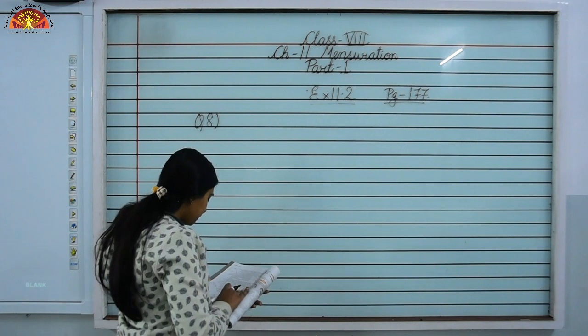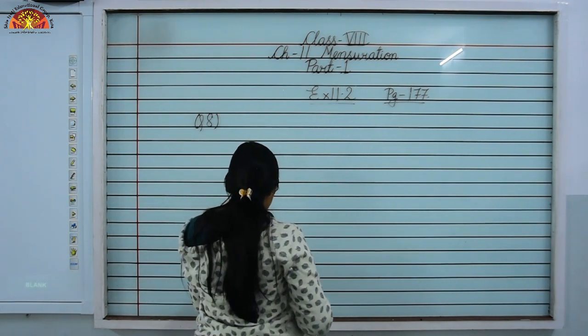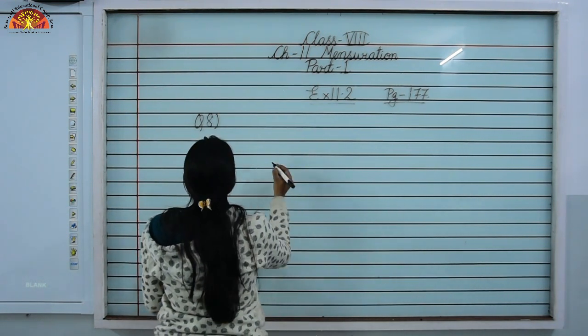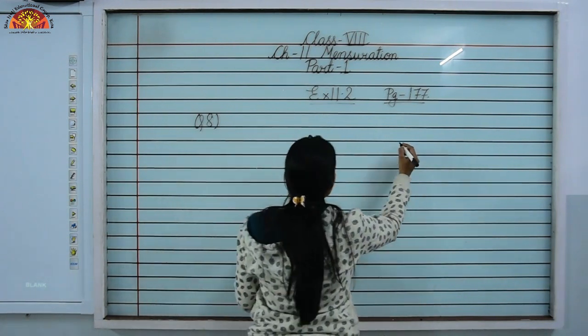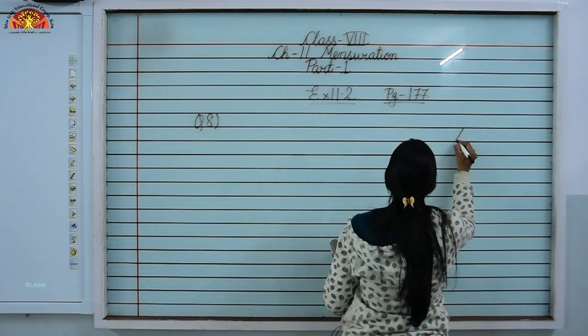So it is given the area of this trapezium field. You can first draw the figure. This is the rough figure.